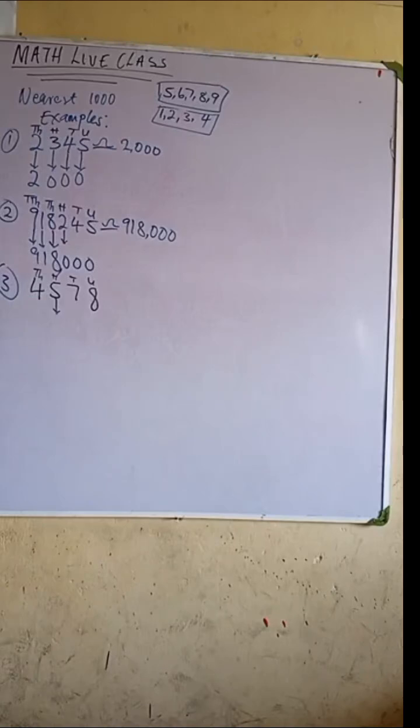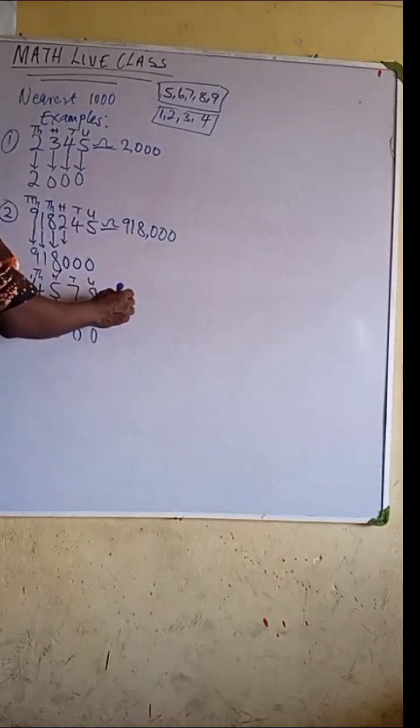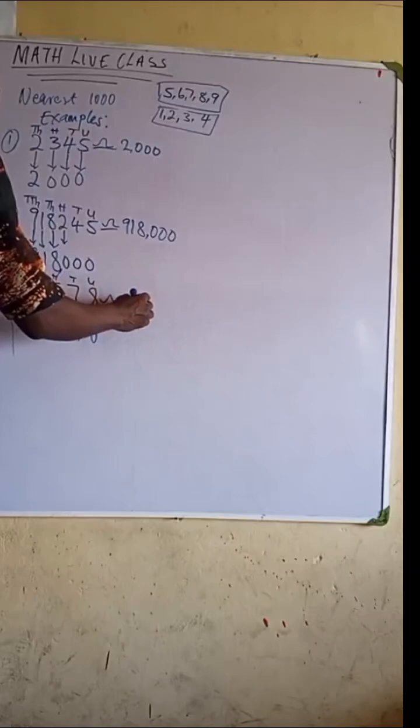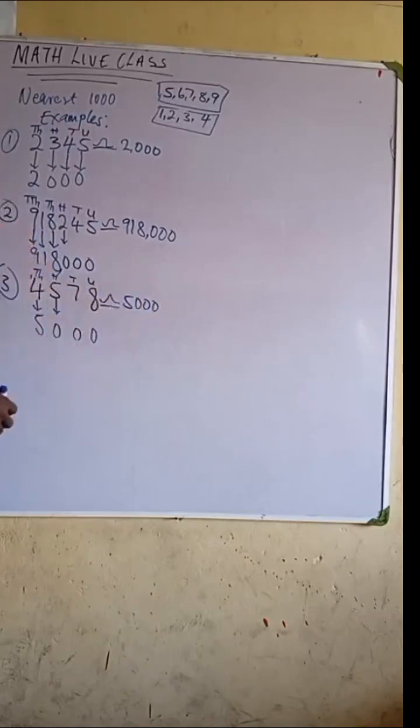Is 5 up to a number you can round up to 1? Yes. So round it up to 1, add to the one we are rounding up to. So 4 plus 1 gives us what? 5. What will happen to other numbers after? Replace them with 0. So we have here 5,000 to the nearest 1,000.